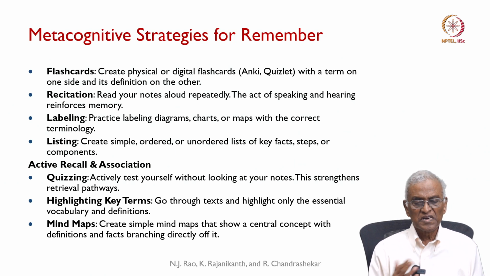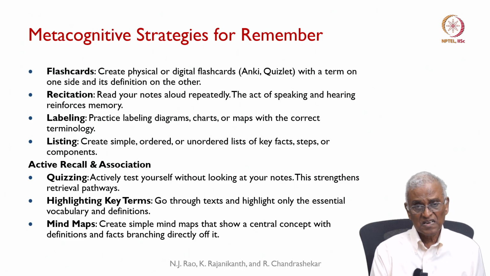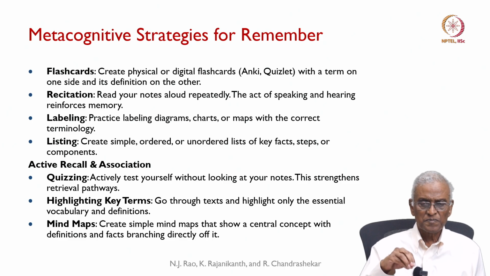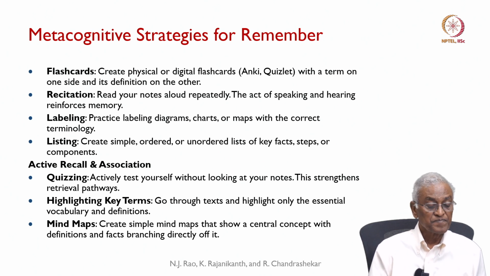You keep using it periodically, and that will help in remembering something better. Or recitation, that is something all of you are familiar with. Labeling: practice labeling diagrams, charts and maps with the correct terminology. Take some picture related to that particular subject and then label it. By the very process of labeling, you will be able to remember it better.